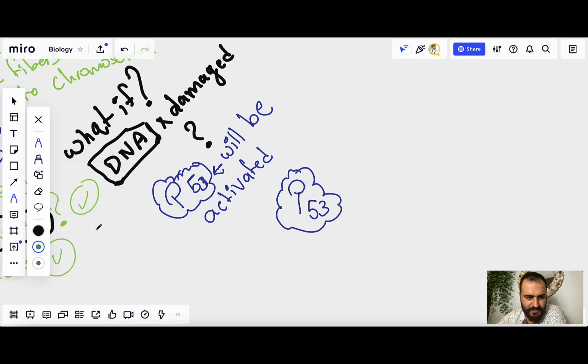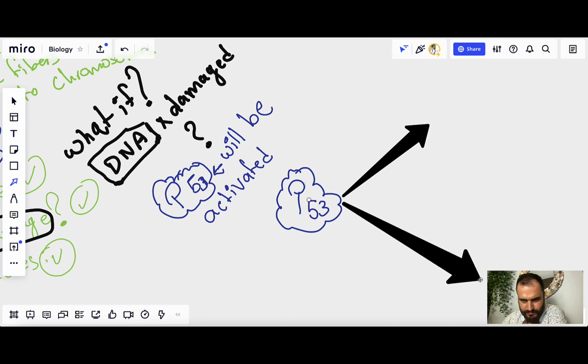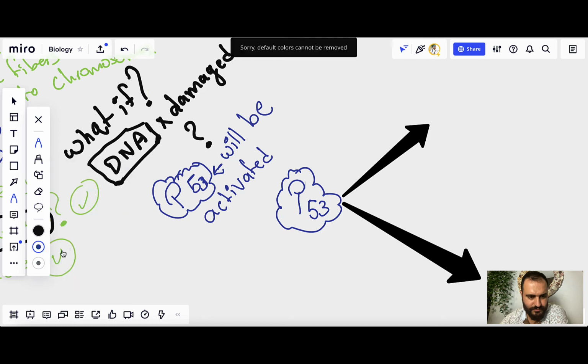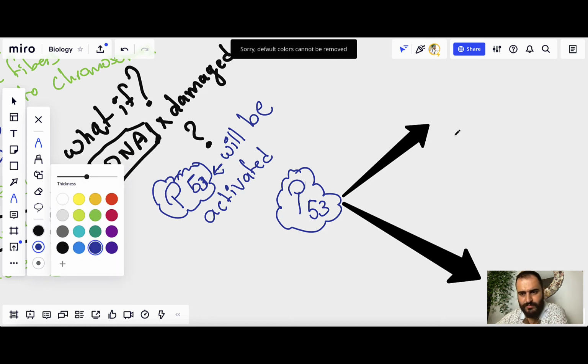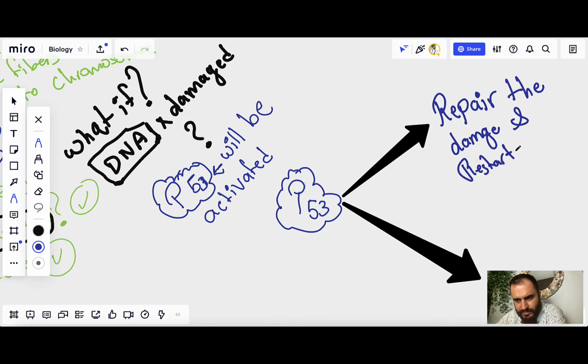The first choice is either giving the chance for the cell to repair the damage, and restart the cell cycle.